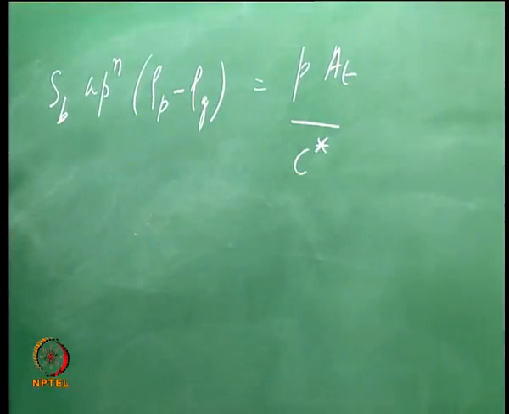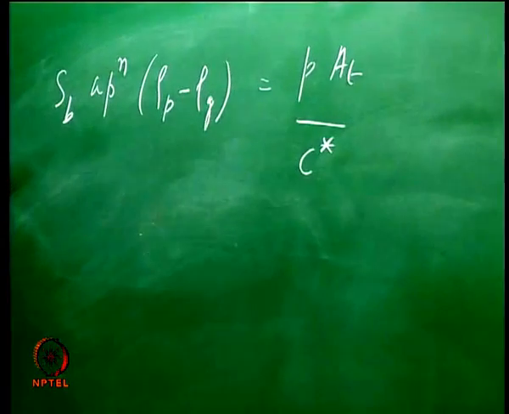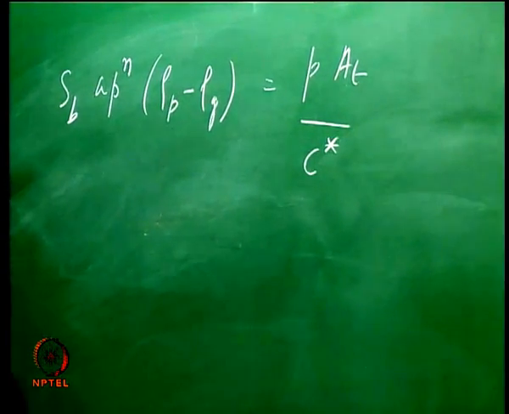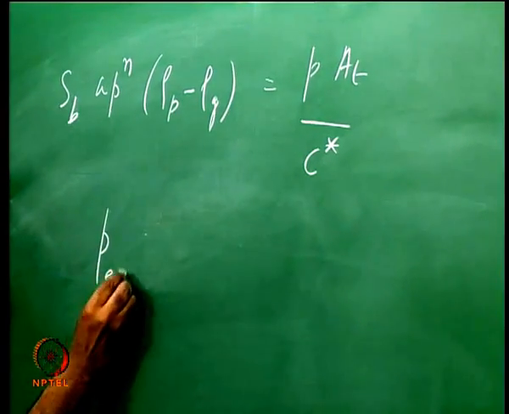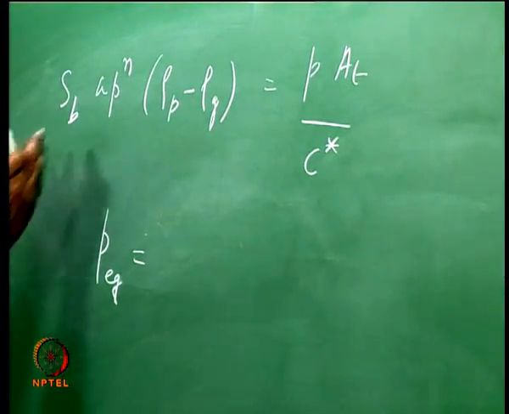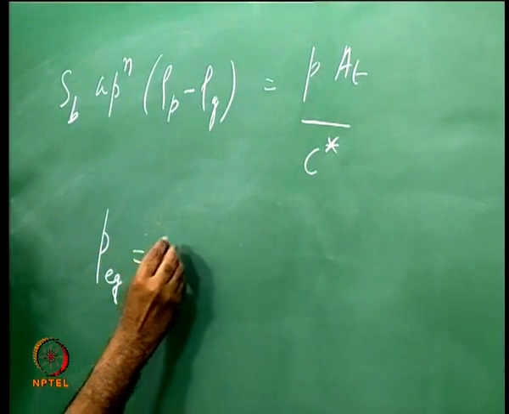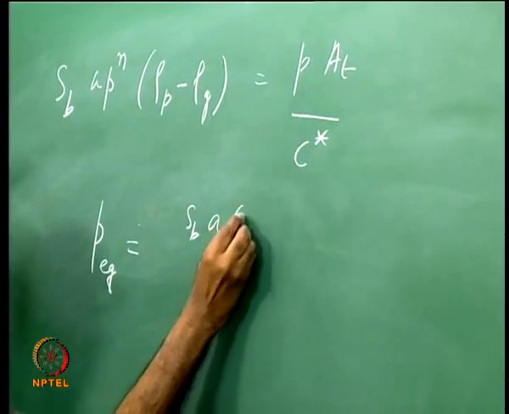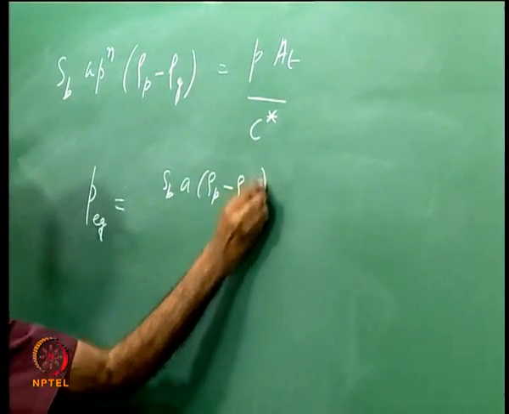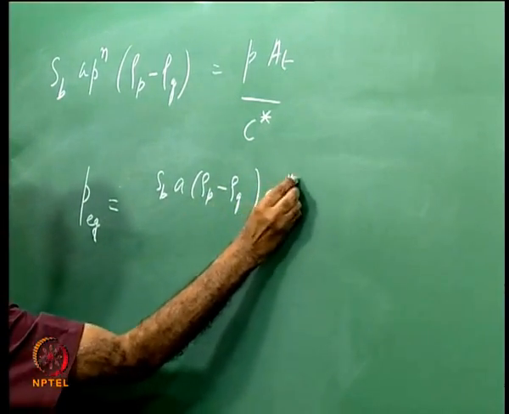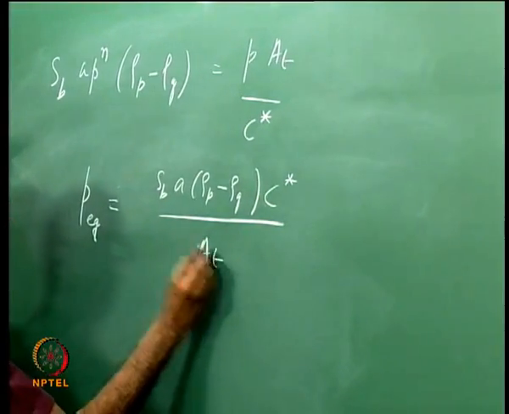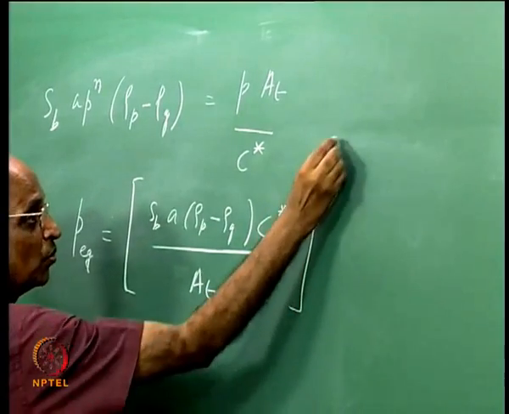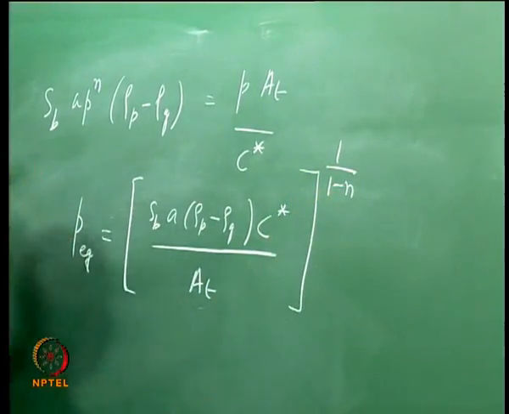If we were to call this steady value of chamber pressure, which is actually the steady equilibrium value, as equilibrium pressure, the value of equilibrium pressure P_equilibrium is equal to, I take n on this side, I get therefore S_B into a into rho_p minus rho_g into C star divided by A_T, and now I take here 1 minus n, therefore this becomes 1 over 1 minus n.